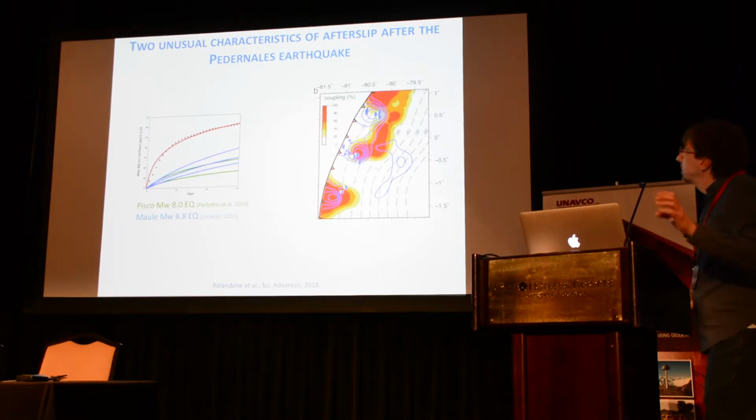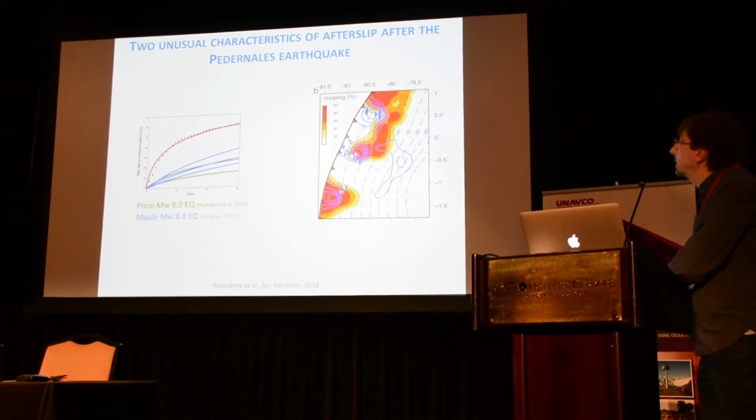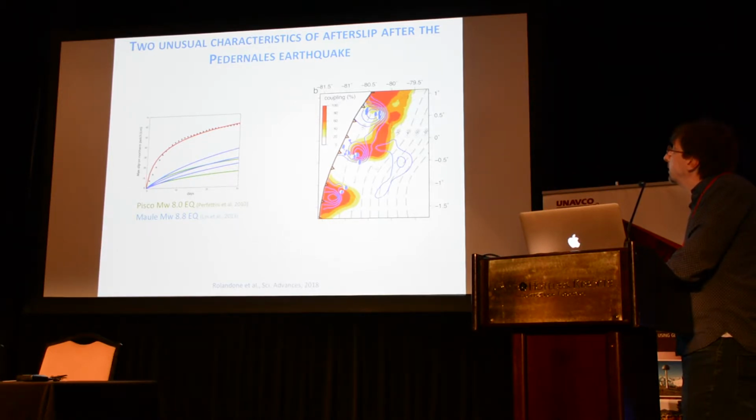We note two unusual characteristics of the afterslip. The first one, if we compare it with what has been found for two other earthquakes in the South America subduction zone, Pisco in Peru and Maule in Chile, is that the afterslip looks much larger during the first days and much faster.